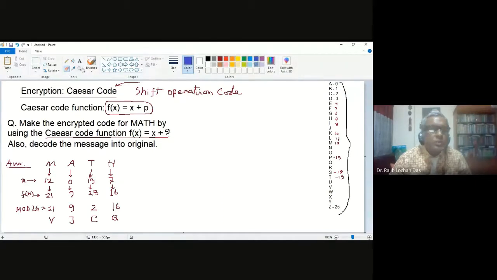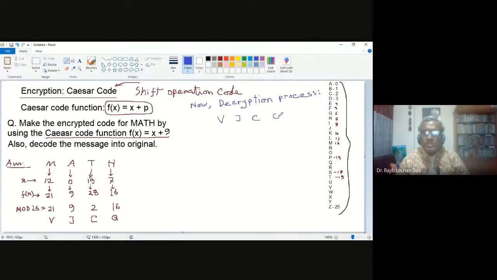Let me do the opposite thing, and I'm writing here now the decryption. It is called the decryption process. Decryption means the decoding of a coded message into the original message. So we now start with VJCQ, and then we come back to the original message MATH.